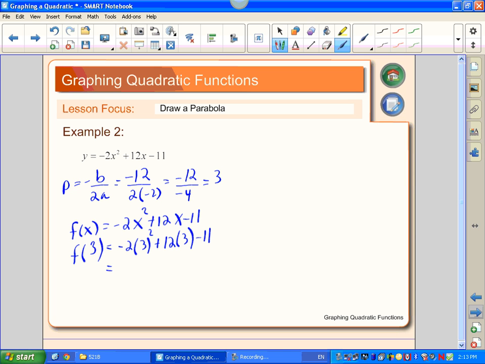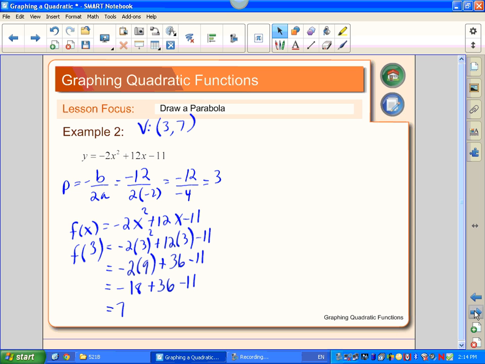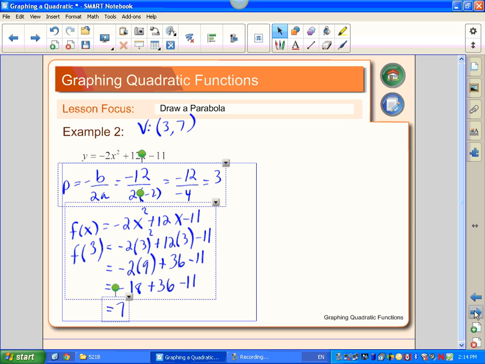And this is giving me negative 2 times 9 plus 36 minus 11. So negative 18 plus 36 is 18. 18 minus 11, 7. So our vertex is 3, 7. So that's one method.